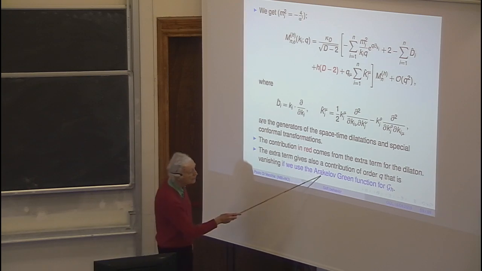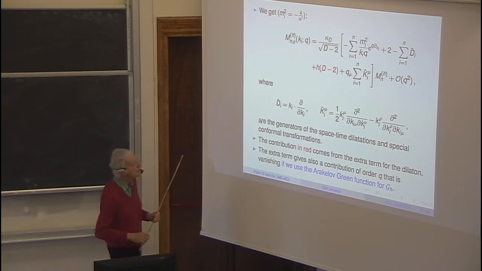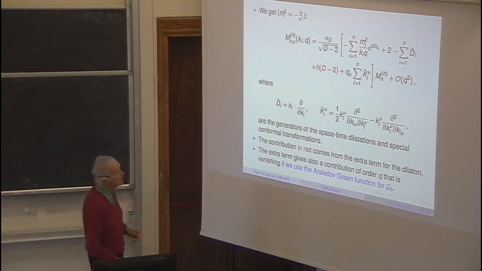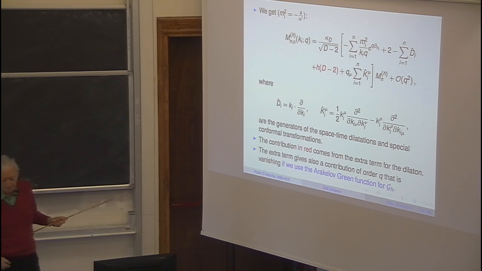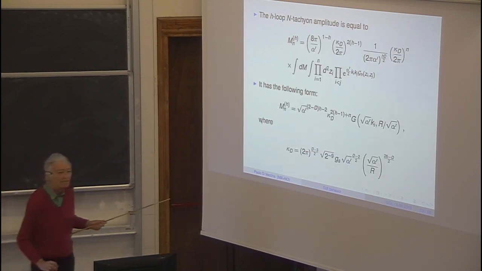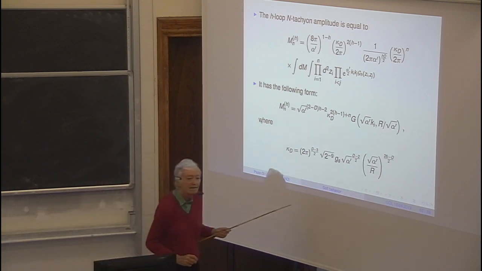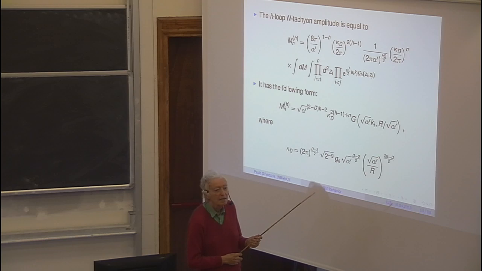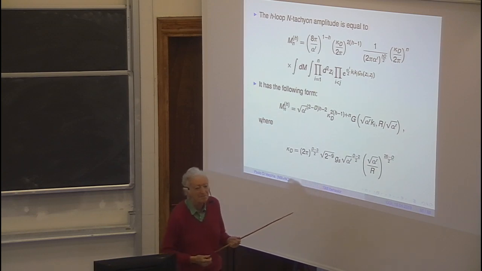However, if you use this Green function, then you can show that the extra term that you would get here gets cancelled at multi-loop level. But when you compute off shell, the explicit amplitude doesn't depend on which one you use.